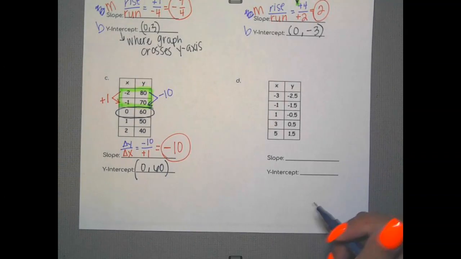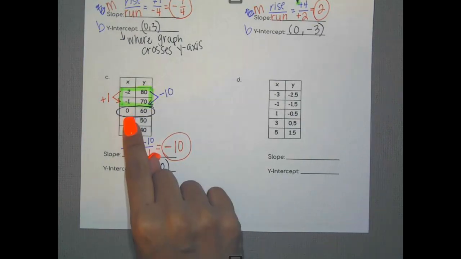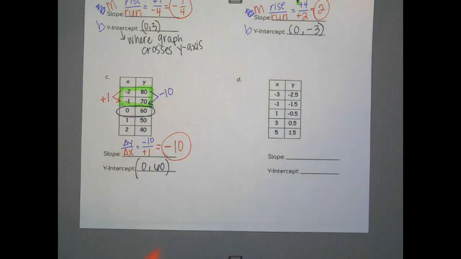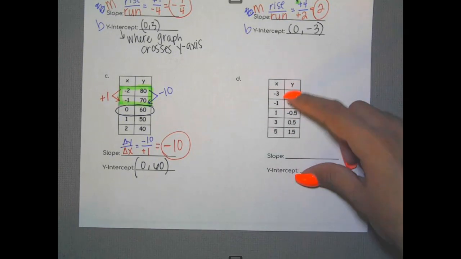All right. So if I look at my table, this one was easy because 0 was in my x column, but that's not always going to happen for us. And if we look at example D, we don't have 0 there.